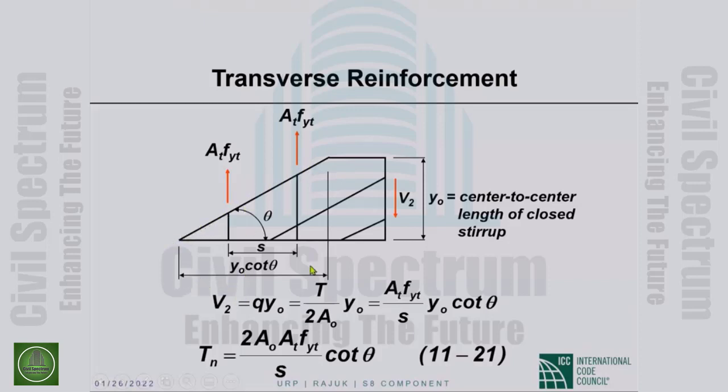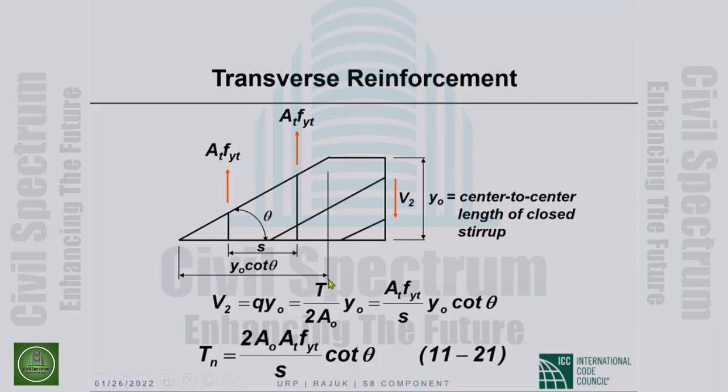So that distance Y0 cotangent theta divided by S, the number of stirrups multiplied by the force in each of those closed ties, gives us the total vertical force in however many closed ties have been crossed by the crack. This vertical force has to be equal to that shear for vertical equilibrium. So this is equal to that.